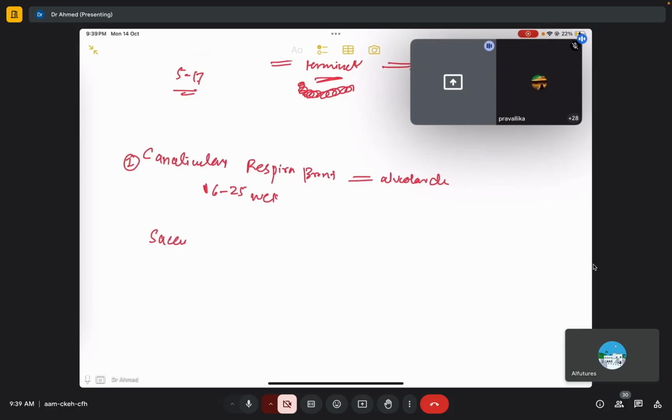Now tell me the other stage, that is saccular. As the name indicates, you are going to form sacs, that is terminal sacs. So you are going to see alveolar ducts and terminal sacs, that are alveoli. Once alveoli are formed, you are going to see different septations in alveoli. What is the significance of this septation inside alveoli?